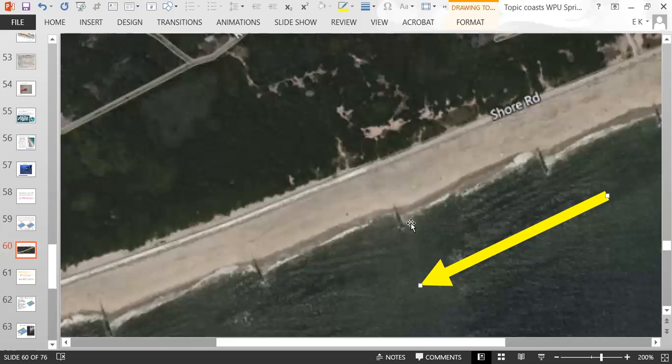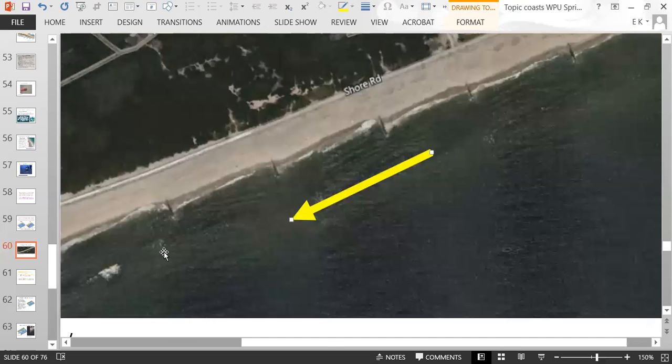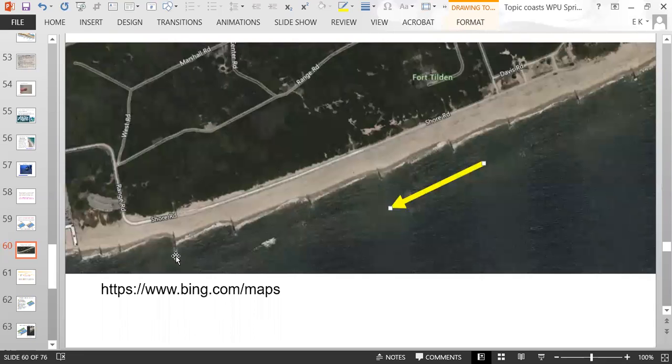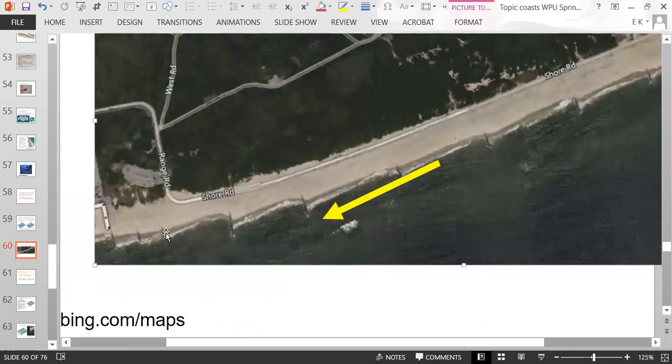So you're building this part up. But right over here, you'll have a little bit more erosion because you're losing that replenishment from this direction. So each side of the groins along this picture experiences erosion, but then it allows the beach to build up. And you can see over here, it's a little bit more significant. See, these are like wide beaches.